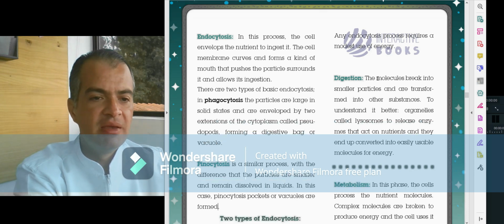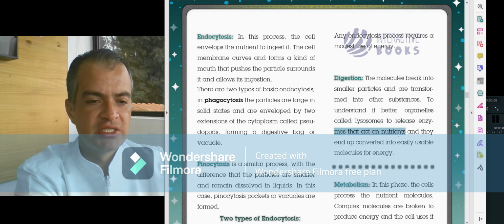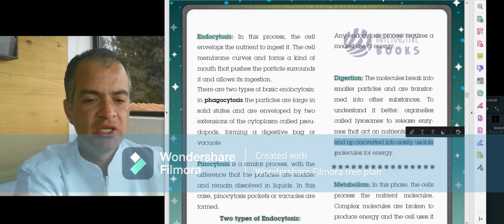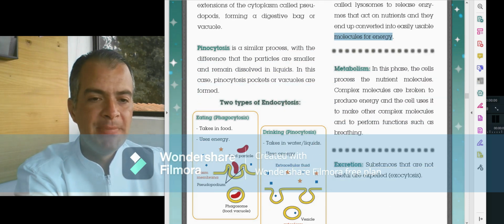Digestion. The molecules break into smaller particles and are transformed into other substances. To understand it better, organelles called lysosomes release enzymes that act on nutrients, and they end up converted into easily usable molecules for energy. Metabolism.